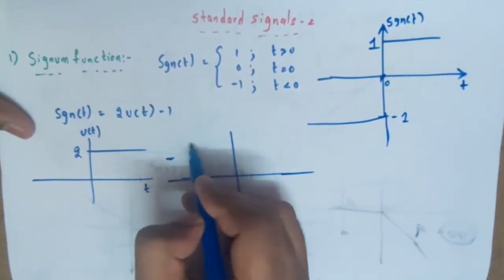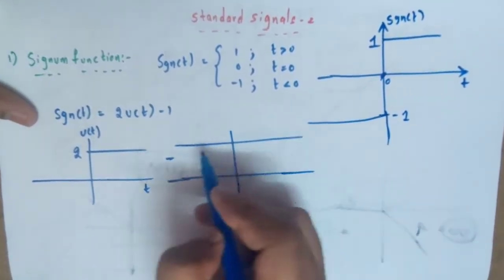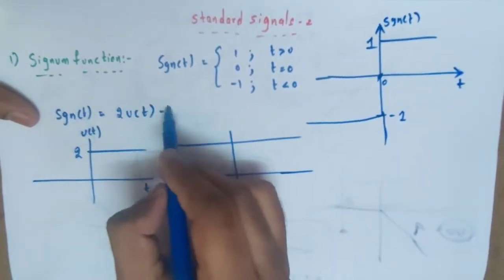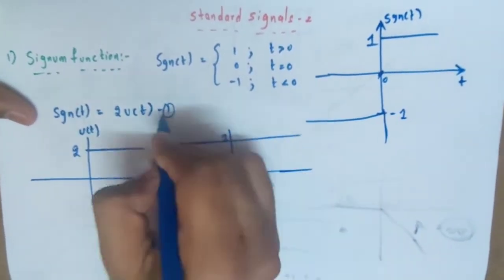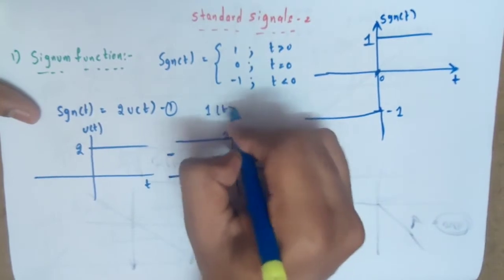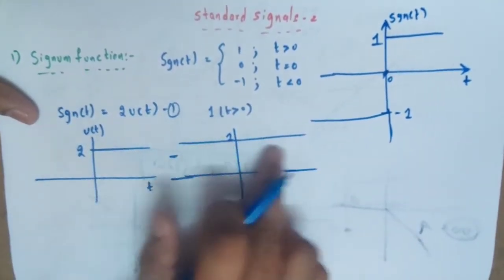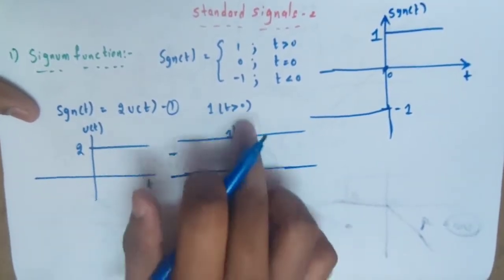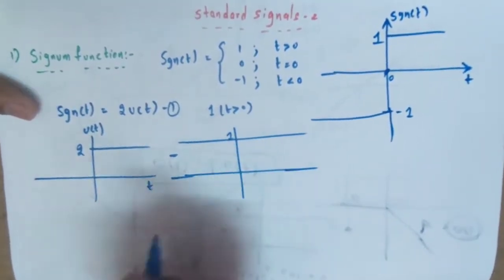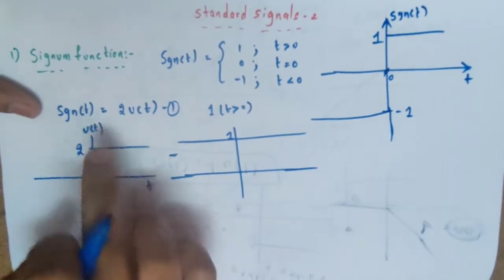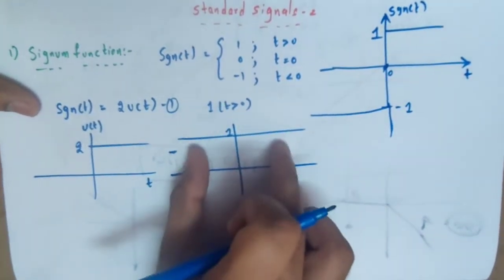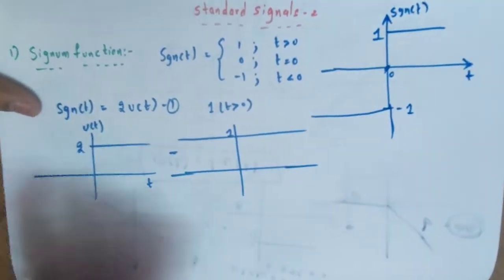What is 1? How will 1 be represented in the graph? It is 1 for all the intervals of time. It is simply 1, not 1 for t greater than 0 or 1 for t less than 0. That is why, for all the intervals of time, the graph will be 1 only, and the amplitude will be 1. Now you have to subtract this 1 from 2 times u of t.